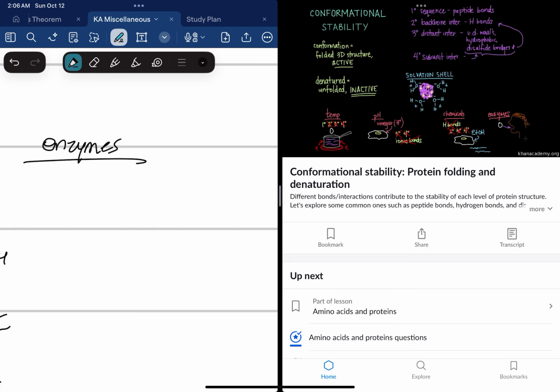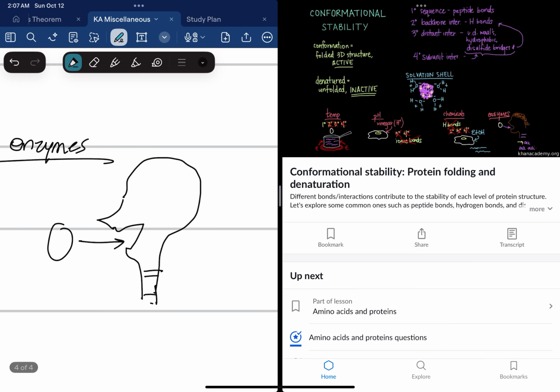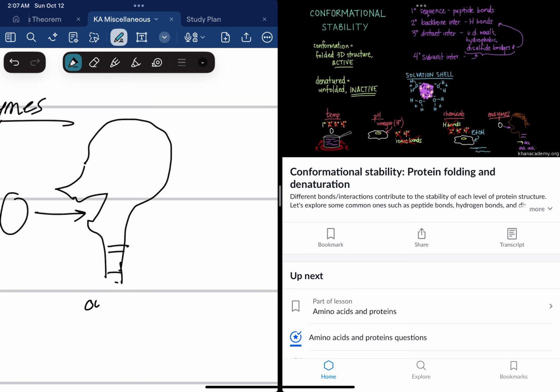They take the linear polypeptide chain, whose primary structure is still intact, and they break the bonds between the individual amino acids, the peptide bonds, so that we can absorb these amino acids from our intestines into our bloodstream, and then we can use them as building blocks for our own protein synthesis. And that's how enzymes can alter a protein's primary structure, and thus the protein's overall conformational stability.